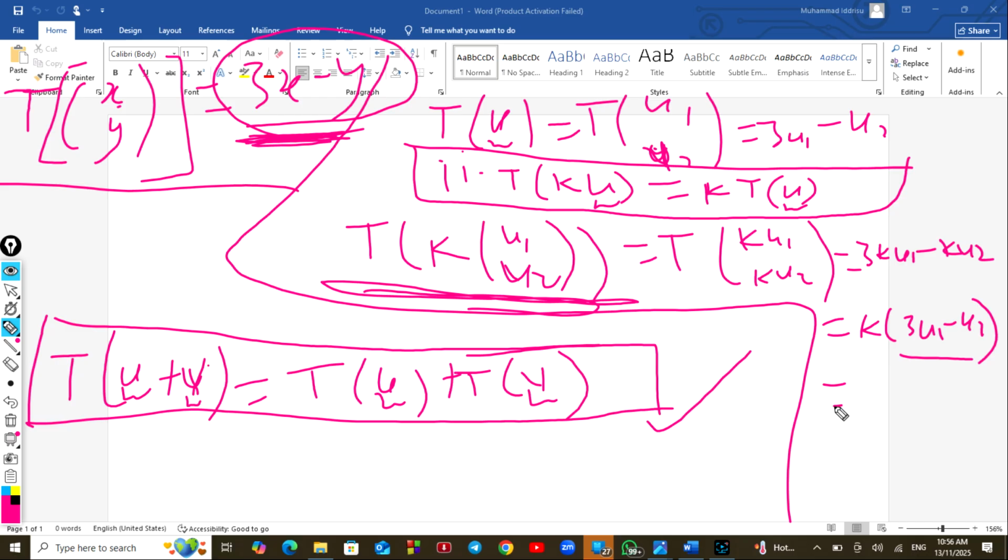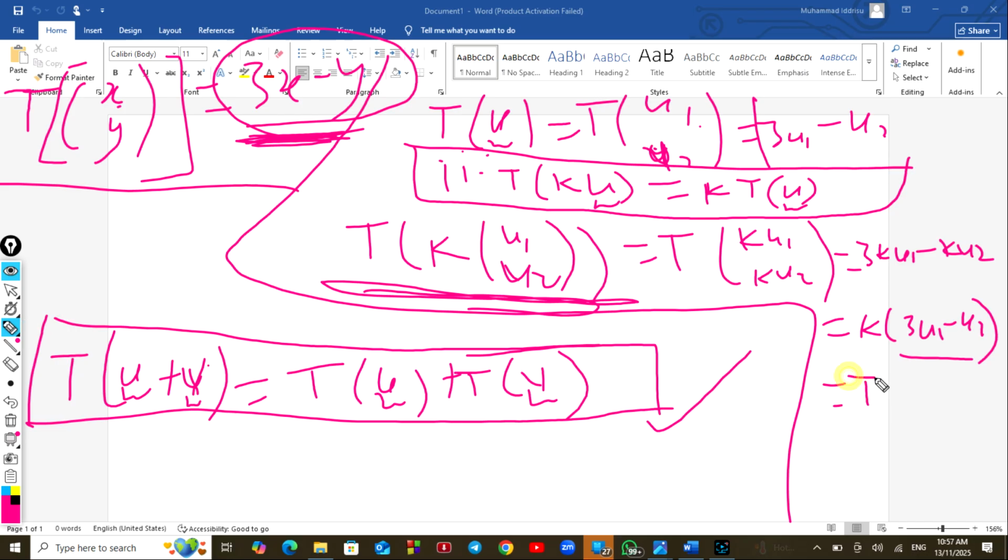T of u, the vector u, is equal to T of, we represented the vector u by u1 and u2, so T of u1 u2, which is equal to 3u1 minus u2. So we know that 3u1 minus u2 is what? Is the same as transformation of u1 u2.